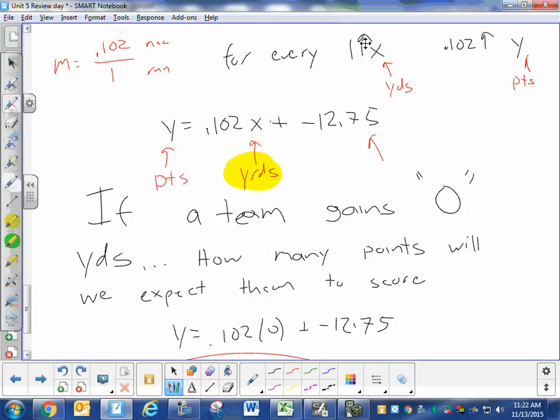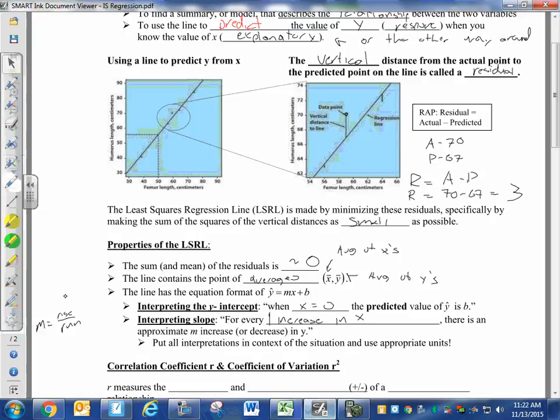Of course, you have to get across that goal line to actually earn the points, but this is just a prediction model. You gain yards, you'll score points. Okay? So back to that. That's what that means. Rise over run, typically we'll have a number divided by 1. We'll say for every increase by 1 for our x will be an increase of the number for y.